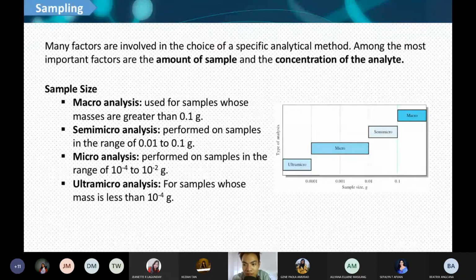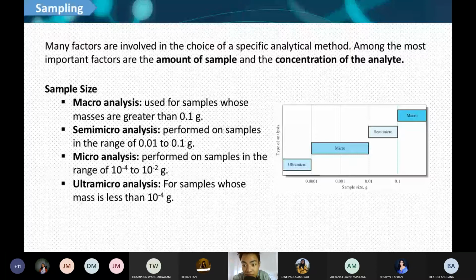Macro analysis may involve the use of classical methods of analytical chemistry, such as gravimetry and titrimetry, or volumetric analysis. Macro analysis deals with lots of volume or mass, so we can use classical methods here.